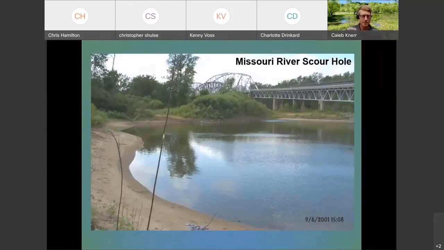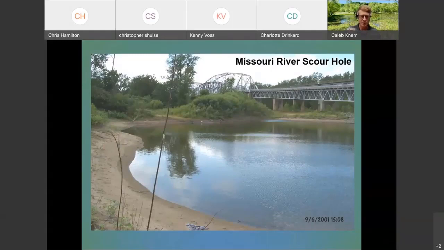This is another example of a jurisdictional water of the U.S. It's a scour hole on the Missouri River. I believe this is also Holt County Route 159, or maybe I think that's what the slide says. And there's also a large scour hole at the Missouri River on I-70 near Rocheport, Missouri.